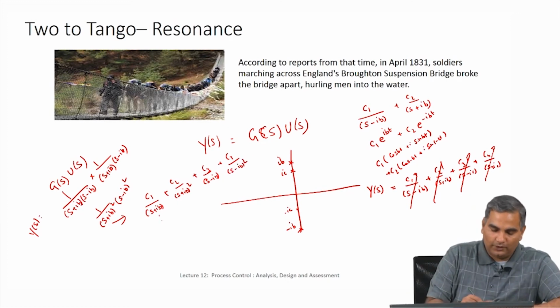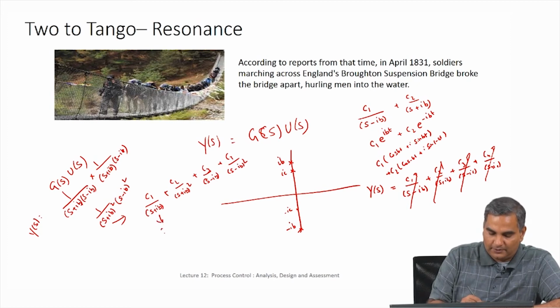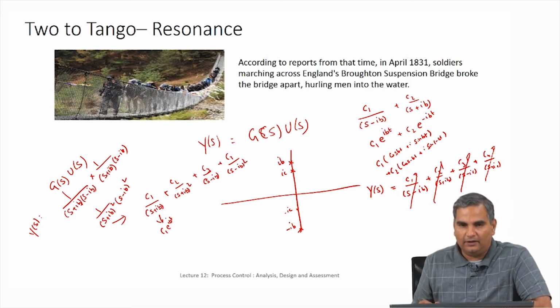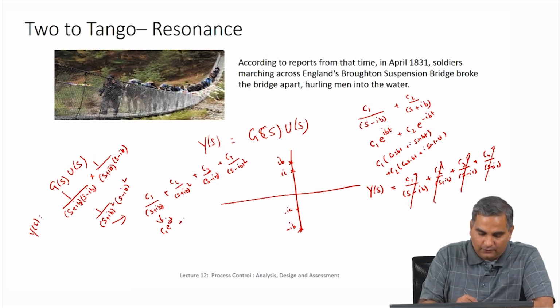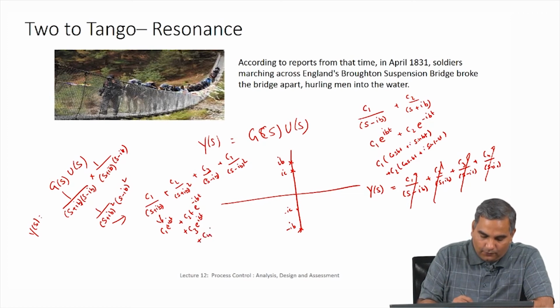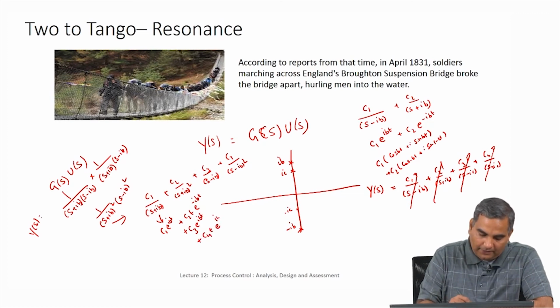The first term will not create any problems because it will be C1 e^(iBt). But if you expand the squared terms, this will give you C2 t e^(-iBt), and you will get C3 e^(iBt) plus C4 t e^(iBt).